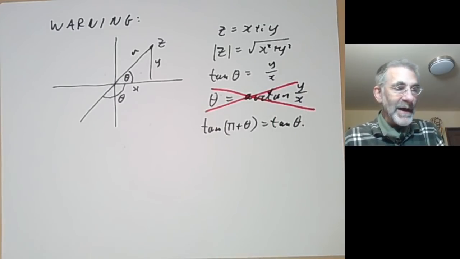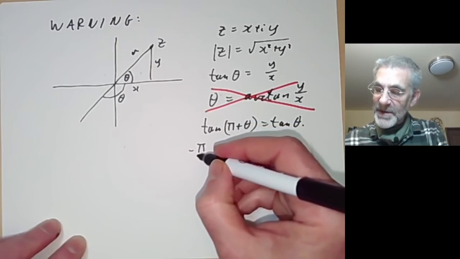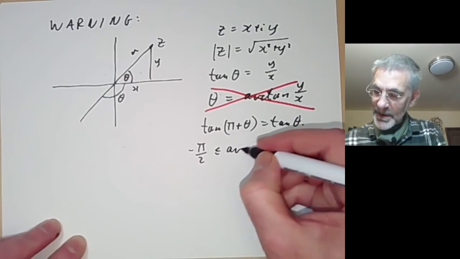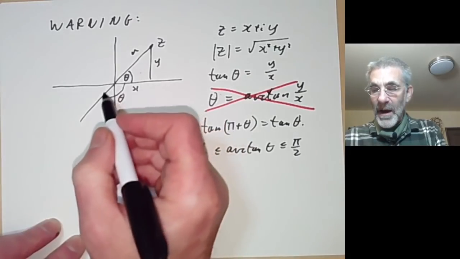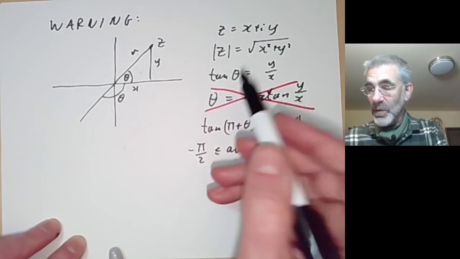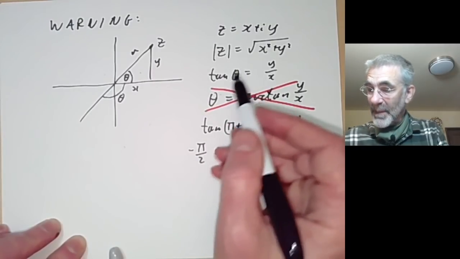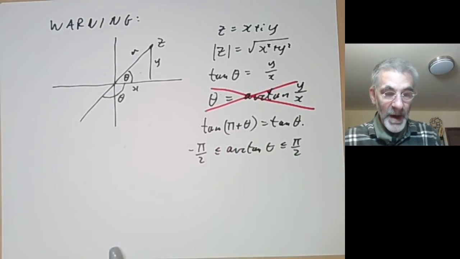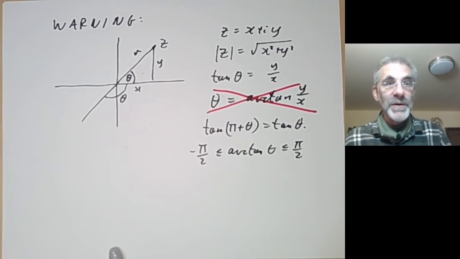In fact, on most calculators and computers, the arctan is defined so that minus pi over 2 is less than or possibly equal to arctan theta is less than or equal to pi over 2. So if the real part of z is less than 0, you have to modify this formula by adding or subtracting a factor of pi to theta. The same problem, of course, occurs when you're just working with general polar coordinates.